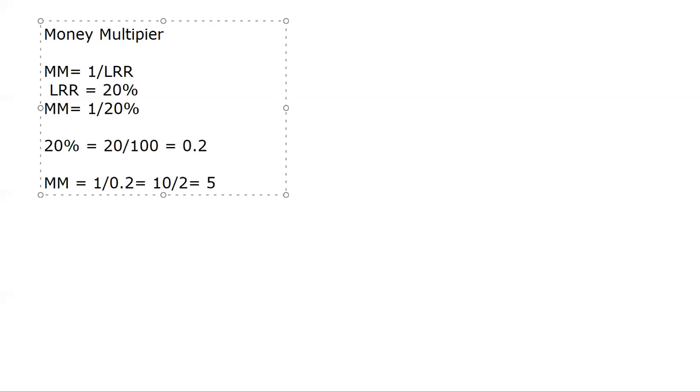It means by finding the value of money multiplier, we can find out how many times the commercial banks can create a deposit. So in our previous example also, we could create the money 5 times only. 5 times of 1000 would be equal to rupees 5000. Okay. So money multiplier works in such a way.